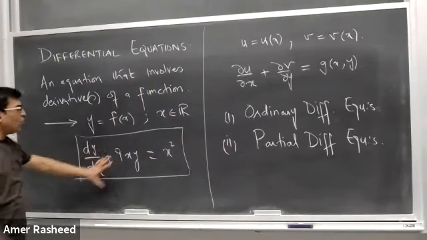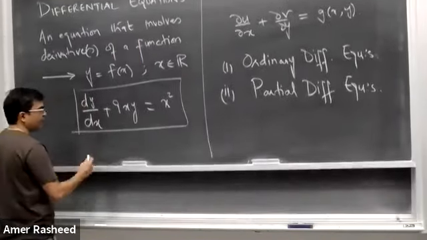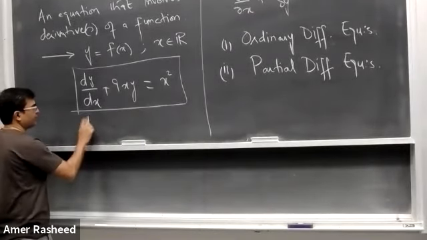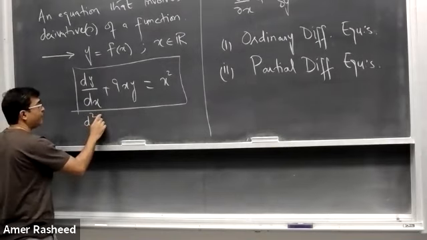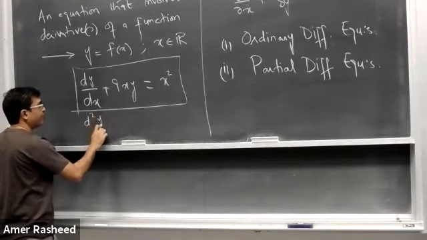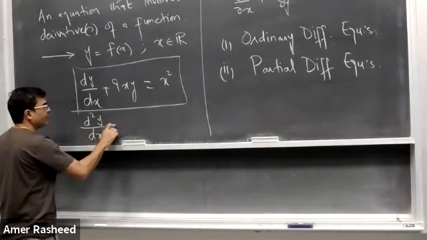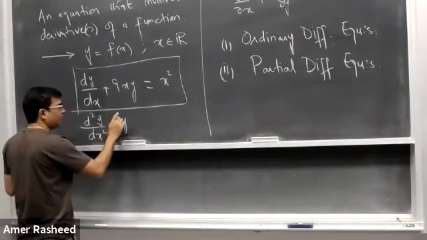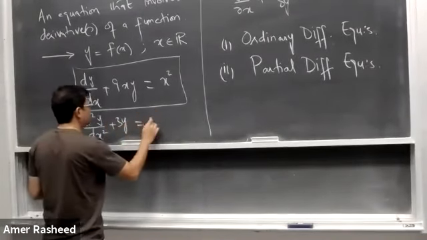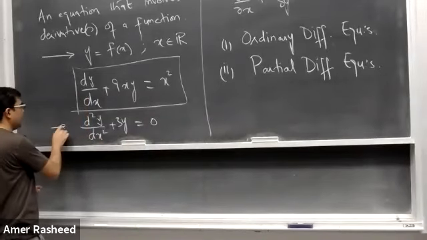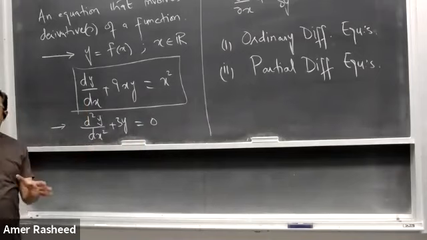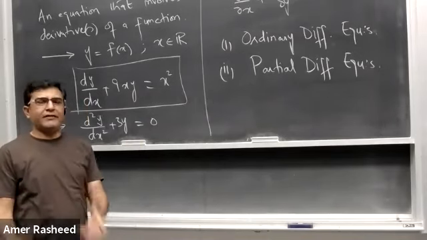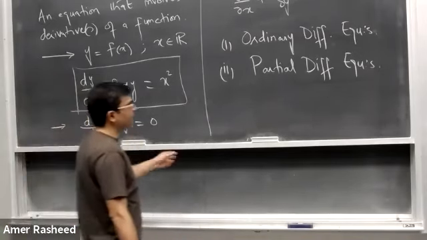You can have some other kind too, for example d squared y by dx squared plus 3y equals 0. This involves a second derivative, but still there is a derivative, so it is called a differential equation, and it is an ordinary differential equation.